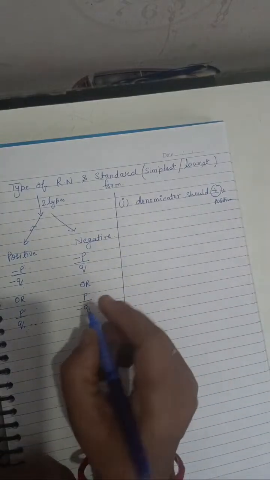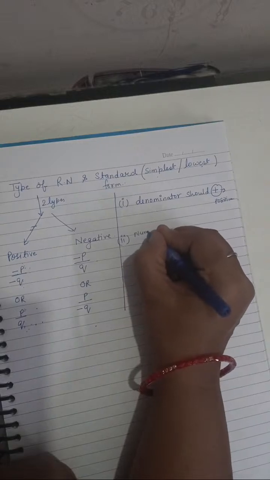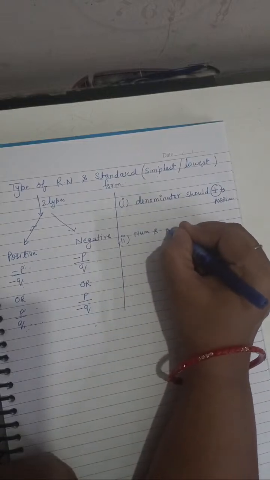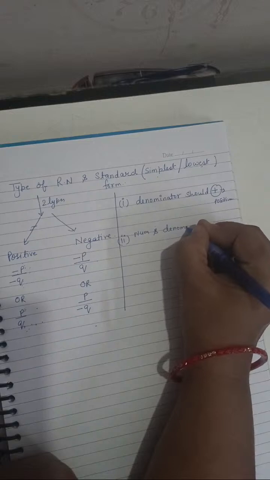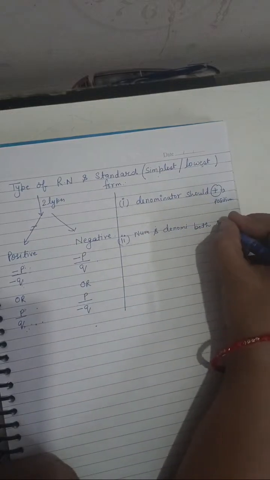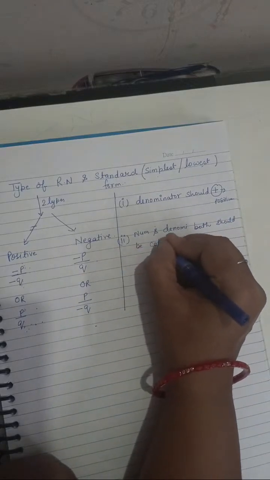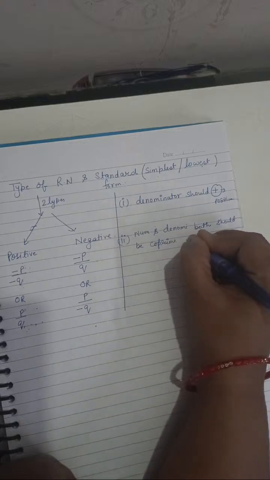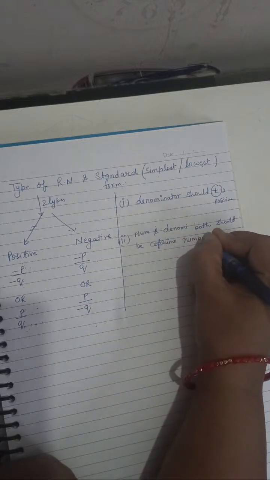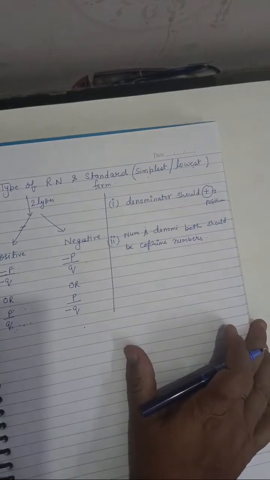Clear? Second thing, numerator and denominator both should be co-prime numbers. Get this?